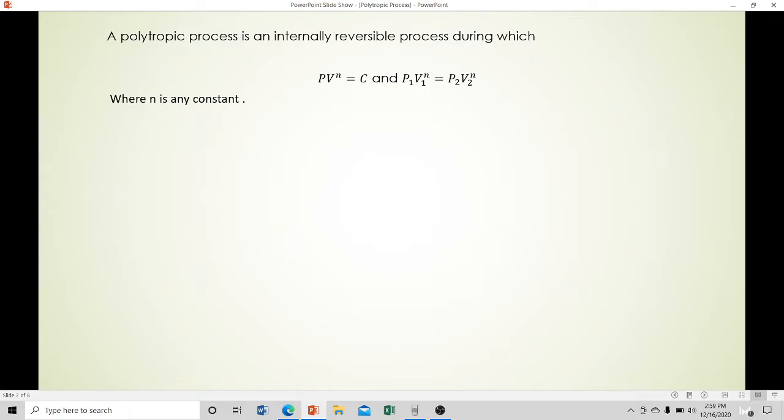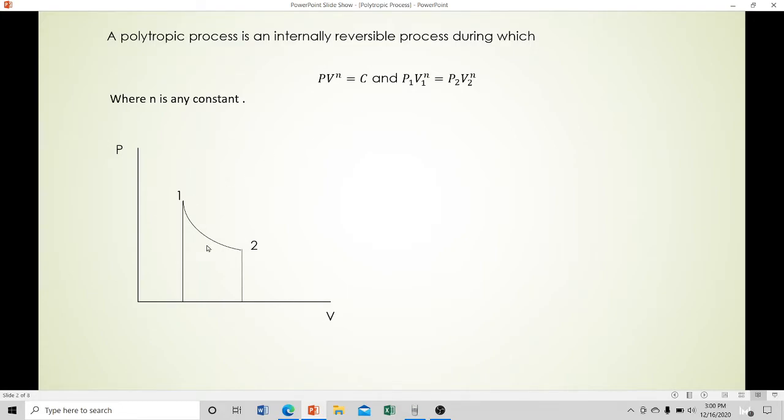This polytropic process, we can describe in terms of a PV diagram. So for illustration, we have a PV diagram. Assume that your polytropic process is described by this curve.